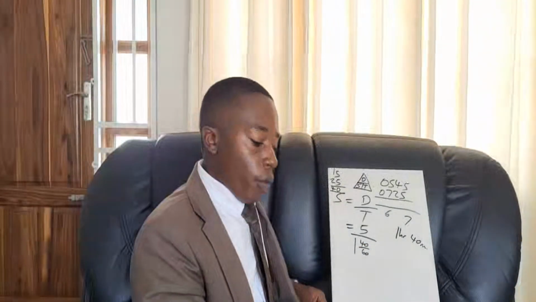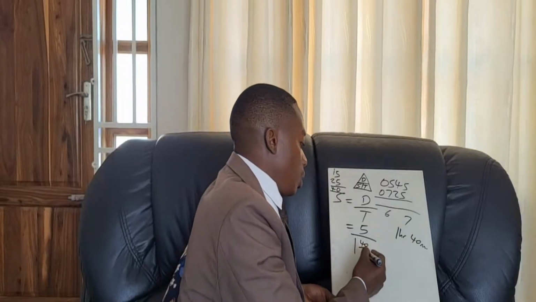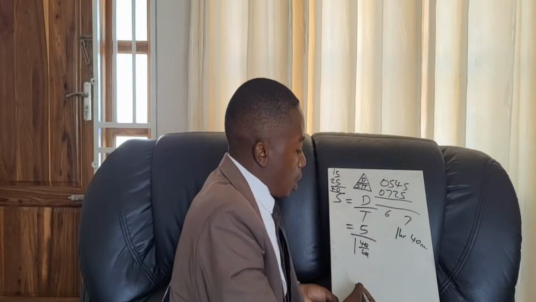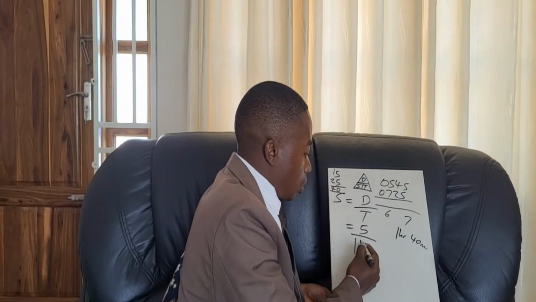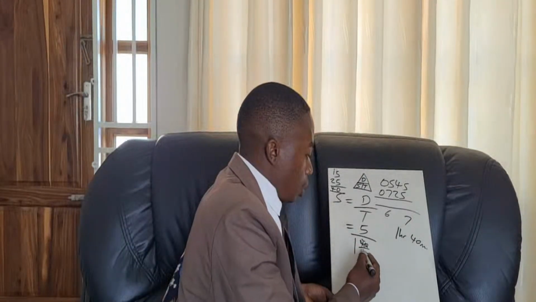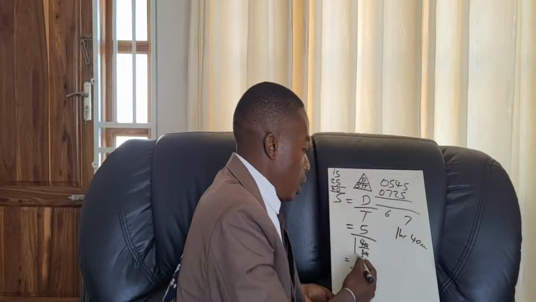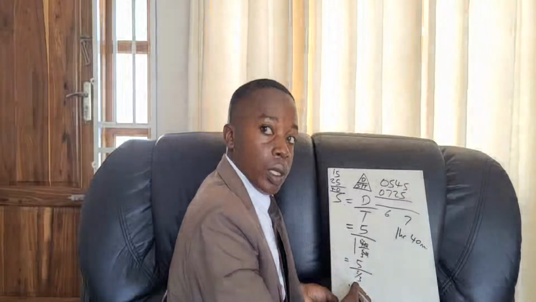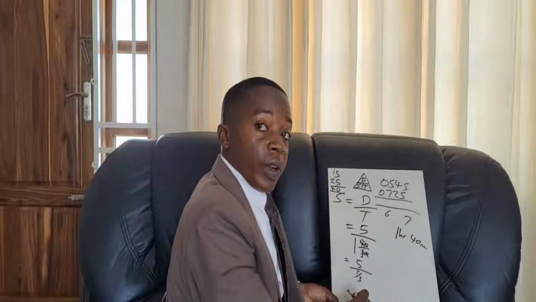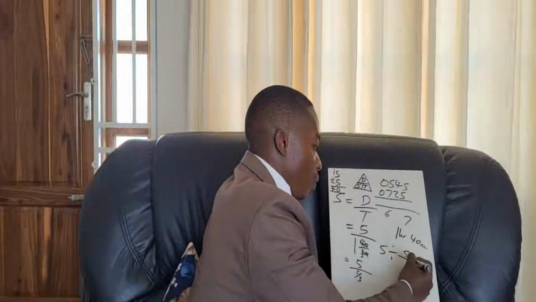For us to get the average speed, we divide distance by time. So we're going to reduce here, we cancel this and we cancel that. Then we can reduce 2 times 2 and 3 times. So the time is equal to 5 over 3. So 5 is divided by 5 over 3.